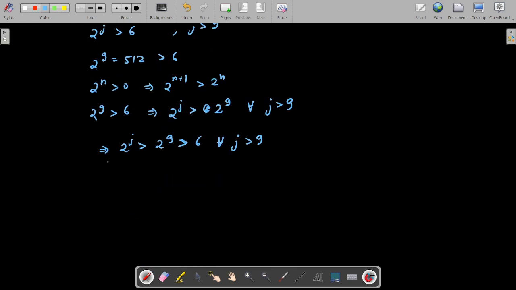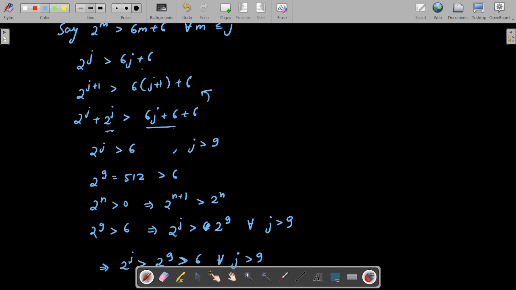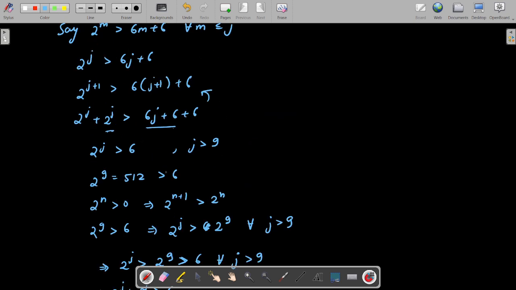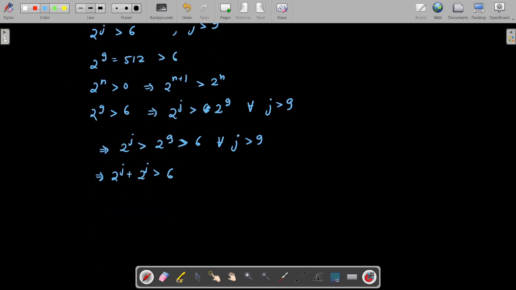Since we proved this, we can add it to our inductive hypothesis that 2 to the power j is greater than 6j plus 6. So we get 2 to the power j plus 2 to the power j is greater than this 6 over here, and then the 6j plus 6 from our inductive hypothesis.